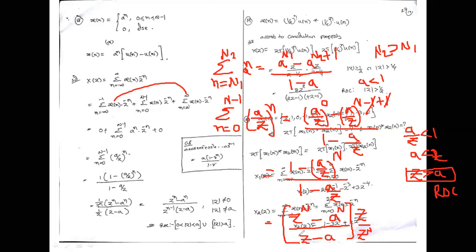And z minus a. Suppose in this function, z is not equal to 0. z is not equal to 0 because z equal to 0 means definitely it becomes infinite, one condition.